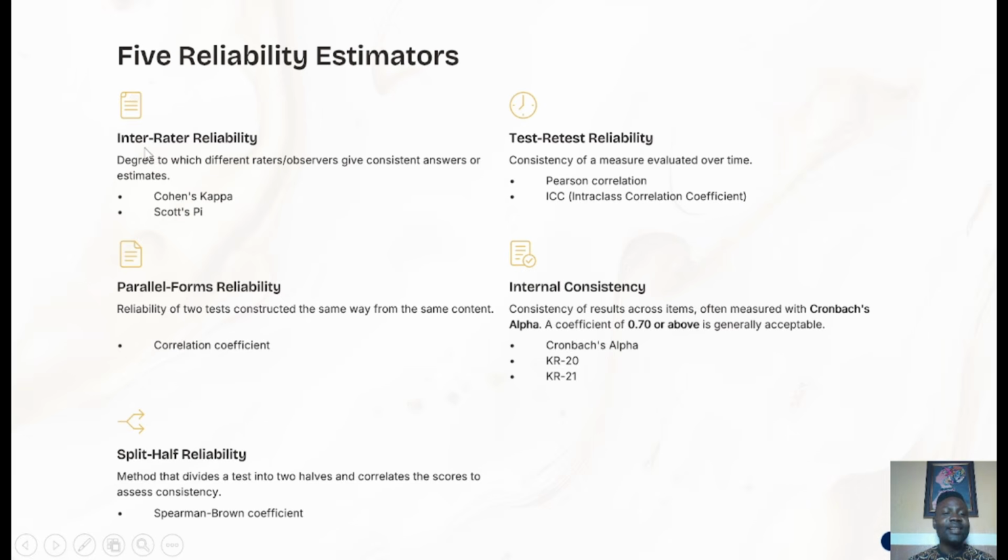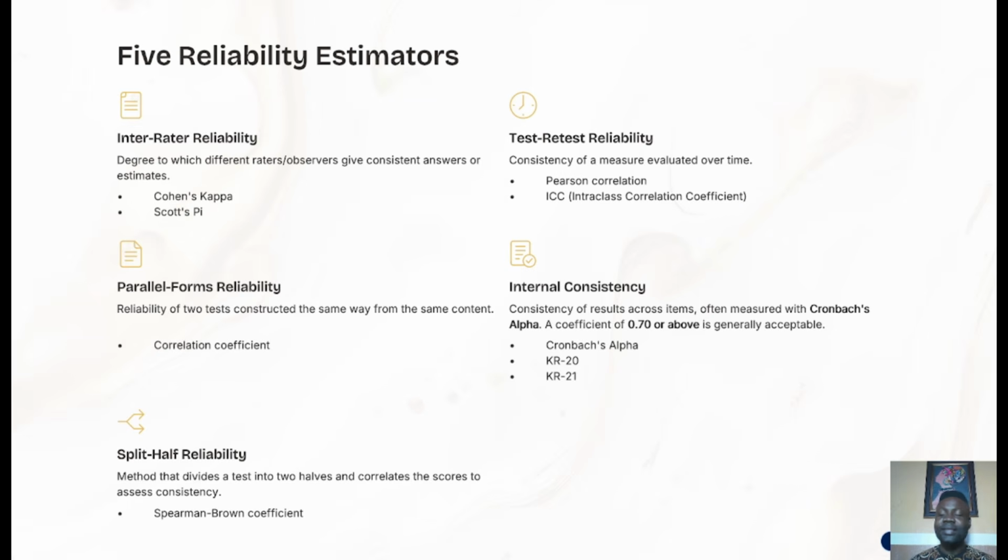So the first one is inter-rater, where 2 raters or observers give a consistent answer or estimate. You know, they may look at a rating and they say, oh, the painting of this wall, maybe we have smoothness, and we rate smoothness of the painting 5 to 10 using correct color, finish, shining.